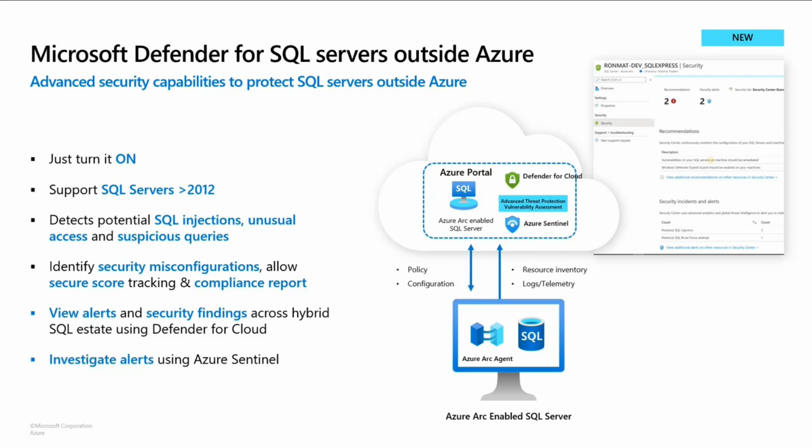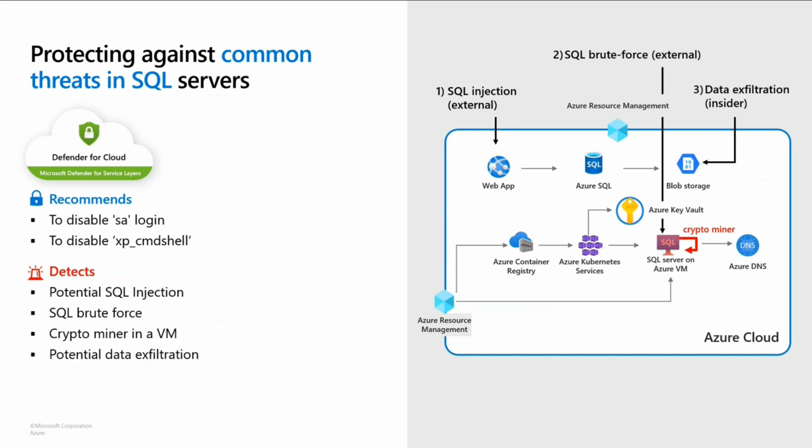It is super simple to enable, and it requires no modifications. Then it also supports older versions of SQL Server, anything older than 2012. And it provides a set of security checks and threat detections to detect and to prevent. And like everything in Defender for Cloud, it's really a good thing to integrate it with Sentinel. Actually, I have Azure here. I need to update this to Microsoft Sentinel.